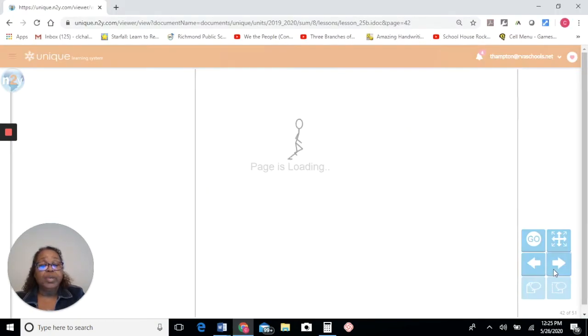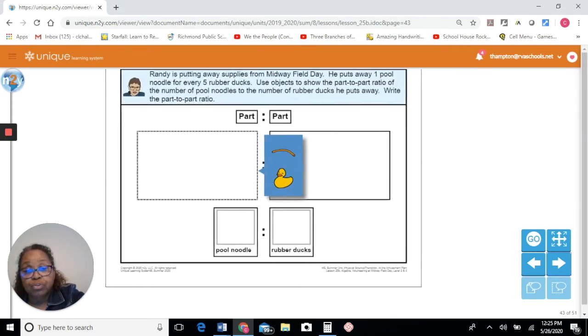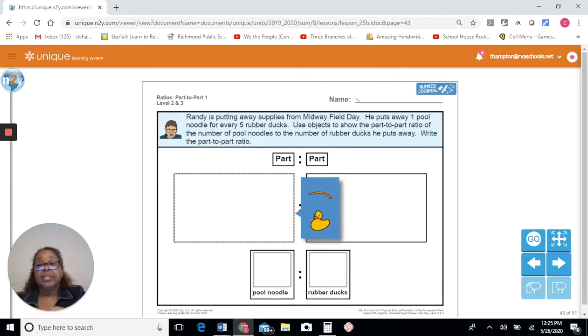So let's see if we can create the model for you. Randy is putting away supplies from Midway Field Day. He puts away 1 pool noodle for every 5 rubber ducks.